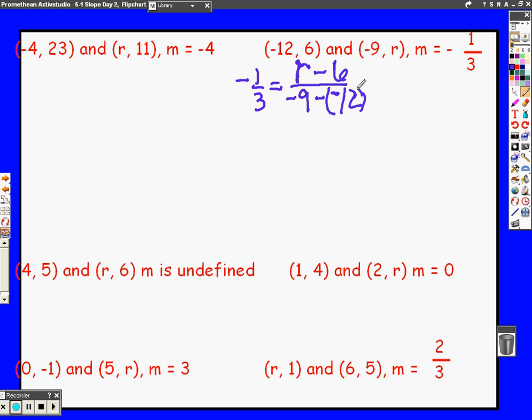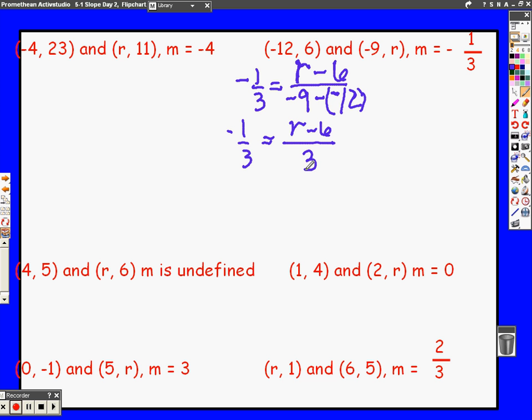Okay, so I end up with -1/3 equals r minus 6 over -9 minus a -12. Remember the leave, change rule? That's -9 plus a +12, which gives me 3. Now I could cross multiply if I wanted to here, but there's an easier and faster way to do it. What I'm going to do is multiply by the reciprocal of my 1/3 here.